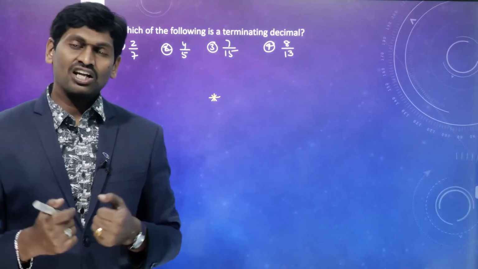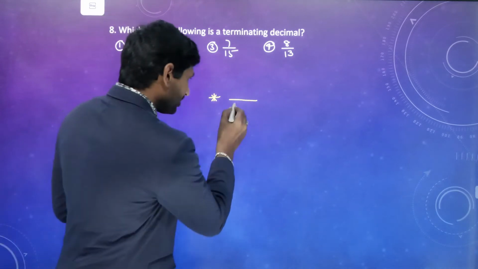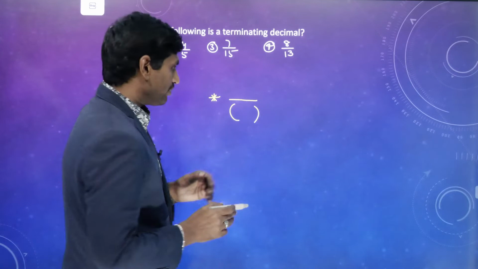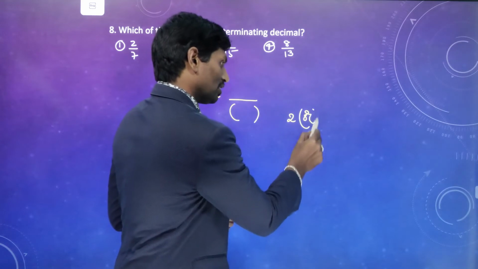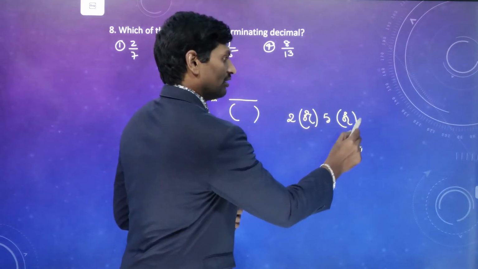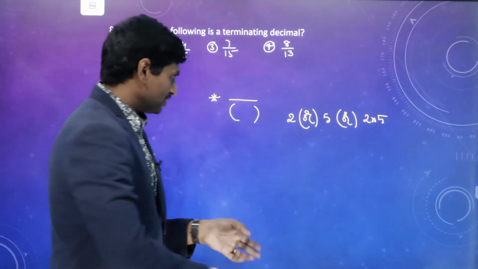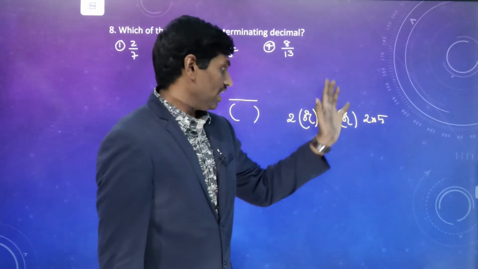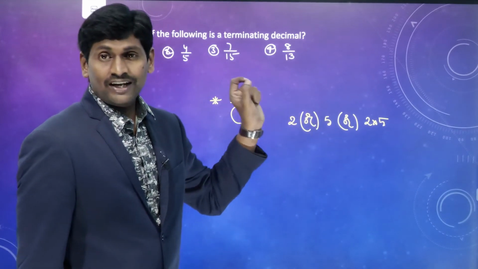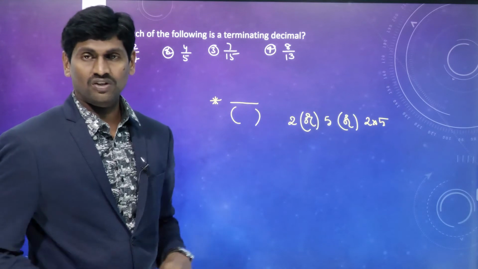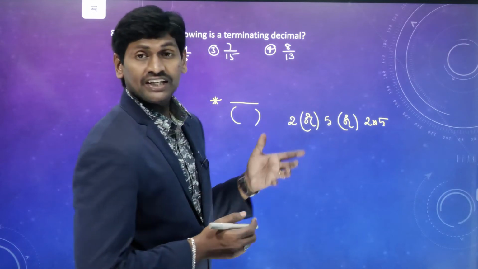For that also we have discussed that if the denominator of a rational number is in powers of 2 or powers of 5 or their combination, 2 into 5, nothing else, only 2's or only 5's or 2 into 5's, and there are no other numbers present in the denominator, then we can say that the entire number will be a terminating decimal.